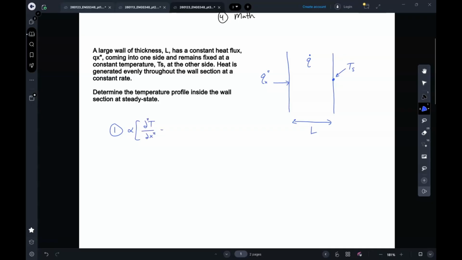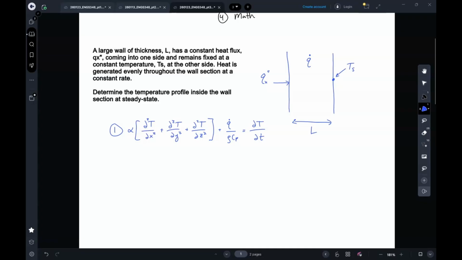This is just the heat diffusion equation: d squared T dy squared plus d squared T dz squared plus Q dot over rho Cp equals d temperature d time.